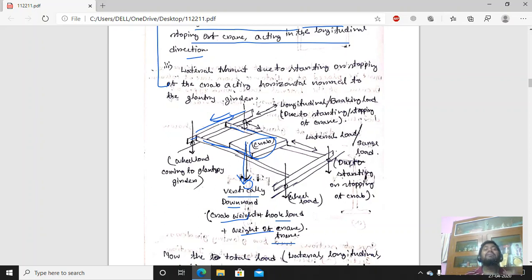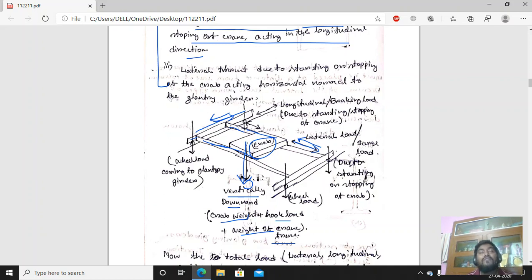Remember that. Third one is the lateral thrust. This is due to the movement of the crab, because the crab can also move to carry the members. Lateral thrust is due to the starting or stopping of the crab, acting horizontally normal to the Glantry girder.